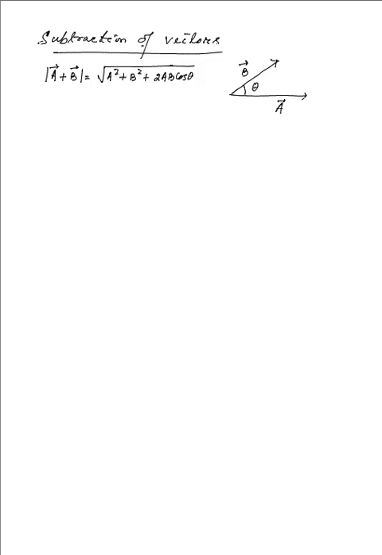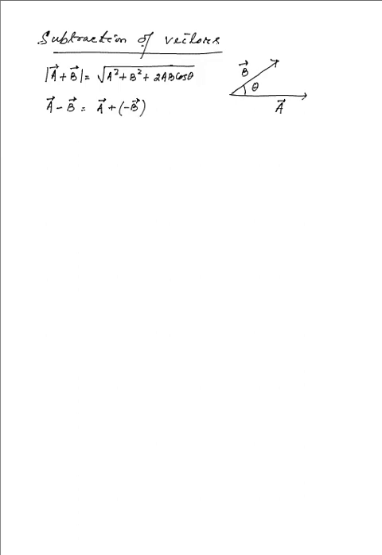Now, if we are to consider the vector A minus B vector, in that case we can just take it as A vector plus minus B vector.